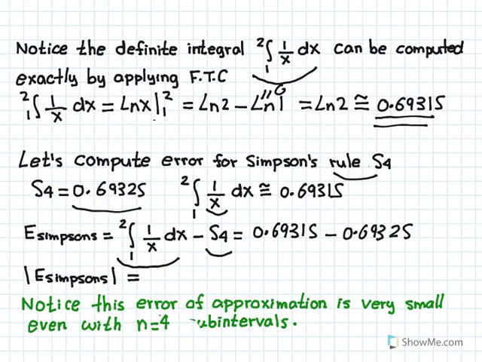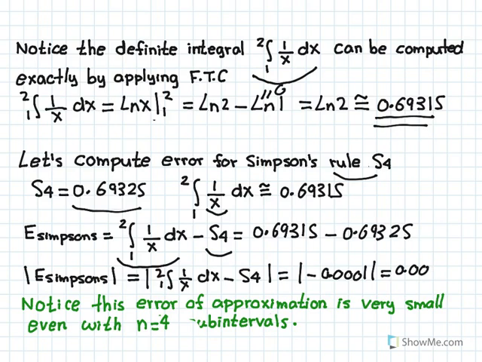All right, if we calculate this, the error for Simpson's is going to be the absolute value of the integral from 1 to 2 of 1 over x dx, minus S4, which is the absolute value of negative 0.0001, and that's just 0.0001.